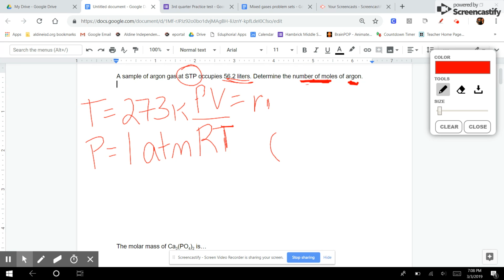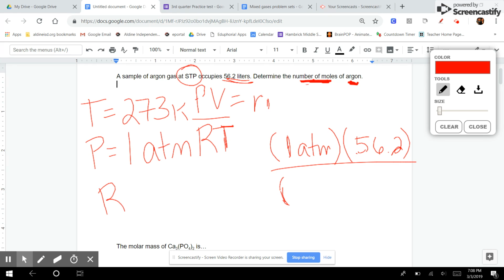So my pressure at STP was 1 atmosphere. My volume was given as 56.2, divided by R, which we also need to remember, our R constant is always going to be 0.0821 with a bunch of units behind it.